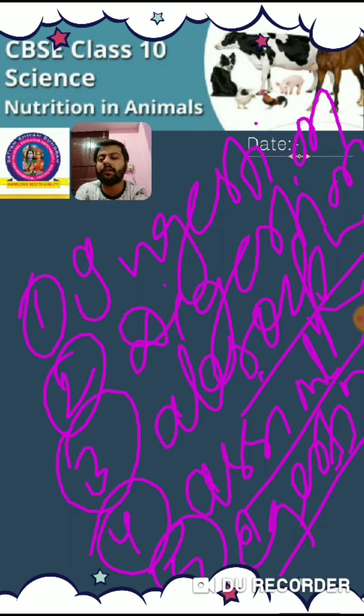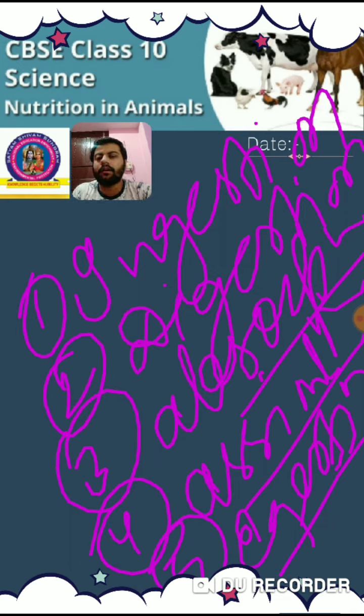Amoeba is taking food through pseudopodia. Pseudopodia means false feet. Paramecium is taking their food through cilia. Likewise, different organisms obtain their food through different body parts, and taking of this food is known as ingestion.